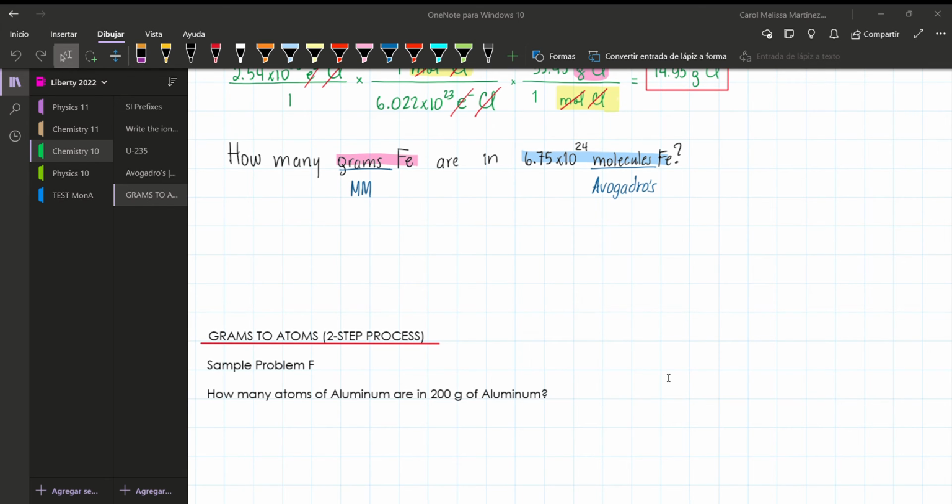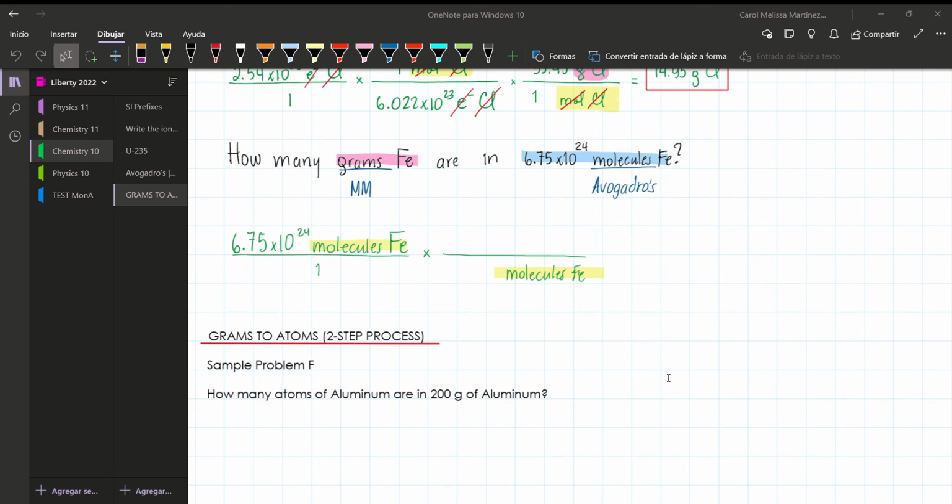Okay, so we start with the given and we say 6.75 times 10 to the 24 molecules of iron. And I place it over 1. Molecules in the top, I need to write molecules in the bottom, so I can get rid of them.